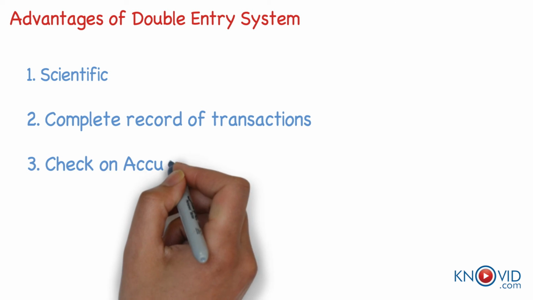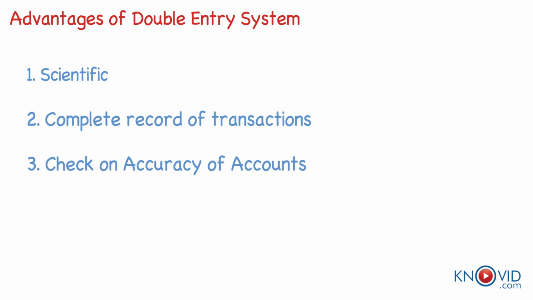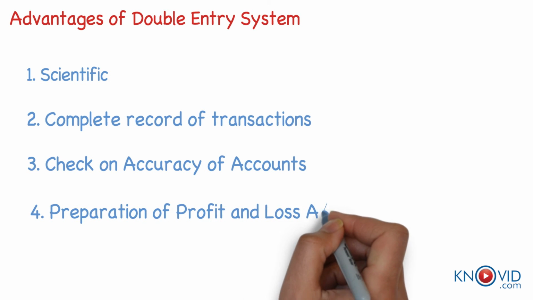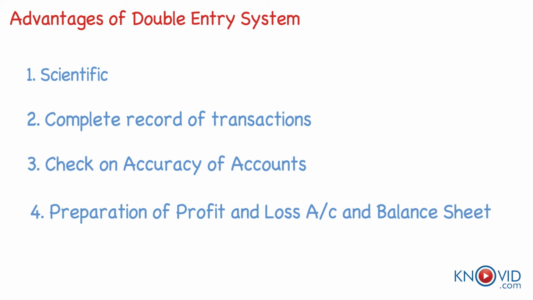By the use of this system, the accuracy of the accounting work can be established by the preparation of trial balance, that is, ensuring the debit and credit side adds up to the same amount. 4. Double entry helps in preparation of profit and loss and balance sheet, which ascertains the profit or loss of a business entity and the financial position of the business entity respectively.